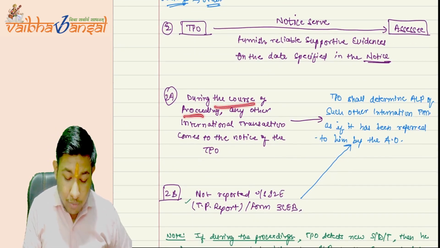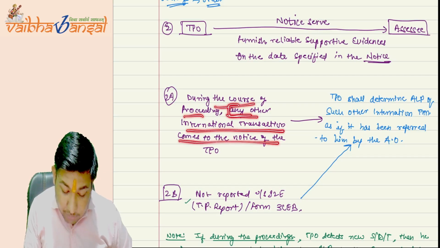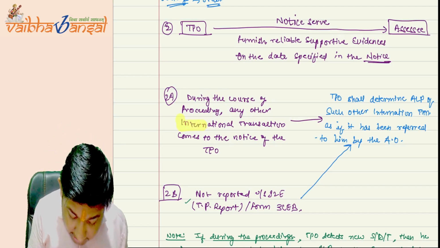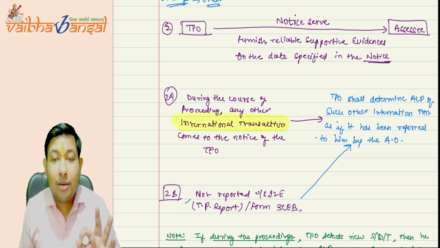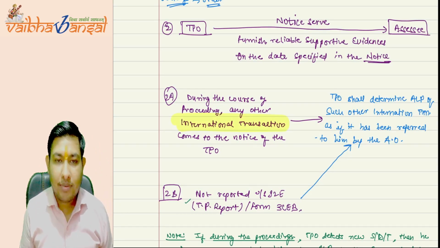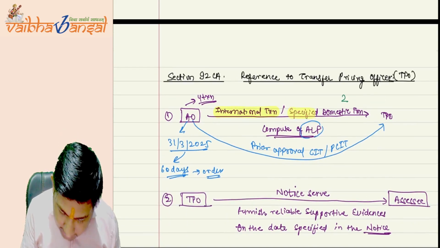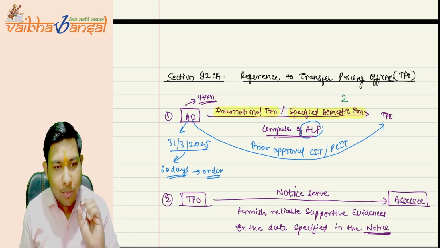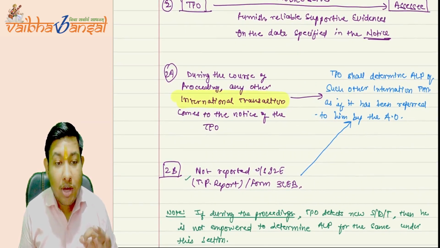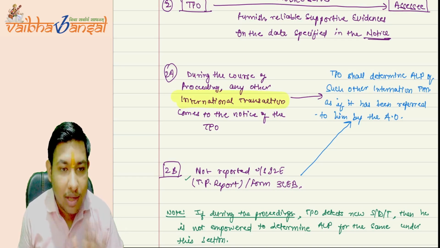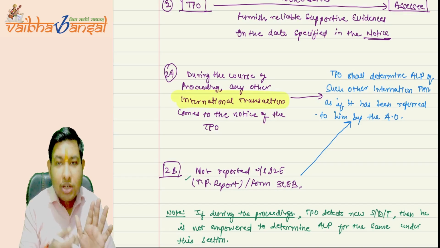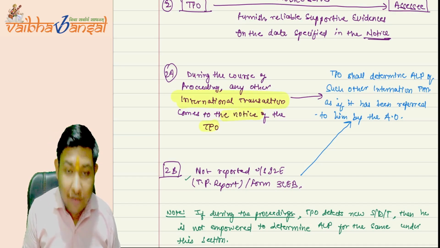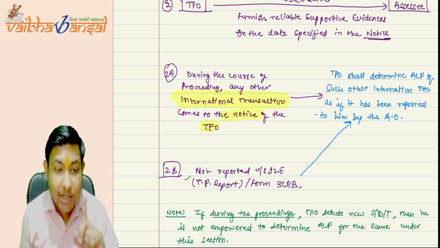Now, during the course of the proceeding, if any other international transaction comes to the notice of the TPO. Listen carefully. The AO has referred both international transactions and specified domestic transactions. But here he is talking about just international transactions, not specified domestic transactions.